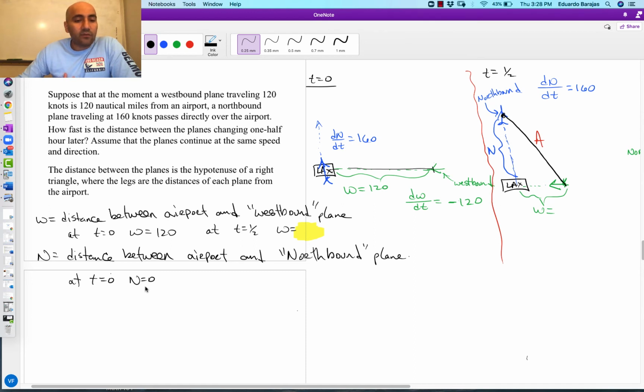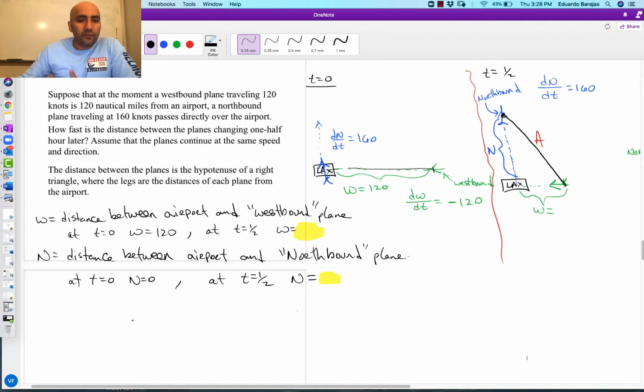So it hasn't traveled anywhere. The distance between the airplane and the airport is 0 at that point. And at t equals 1/2, then it's traveled a little bit, so we'll have a value for N at that point. Again, to be determined. We'll figure that out in a second.